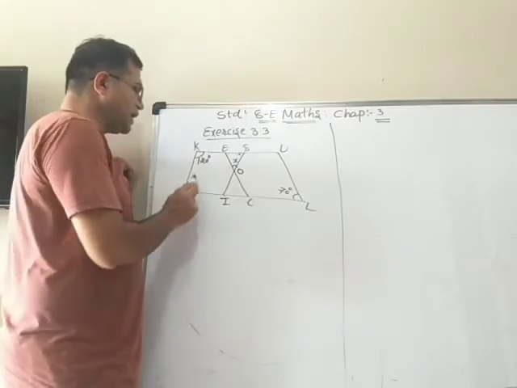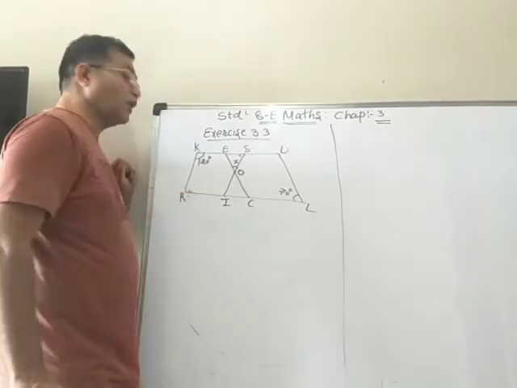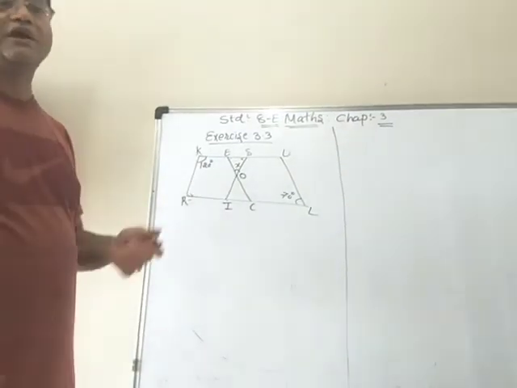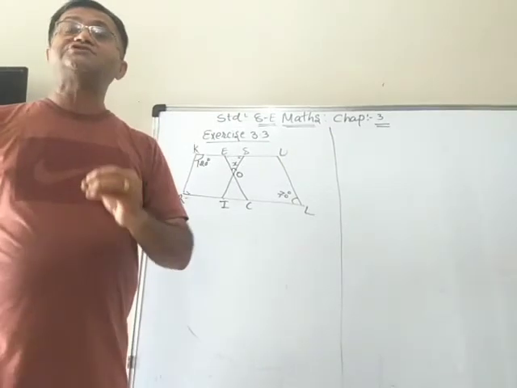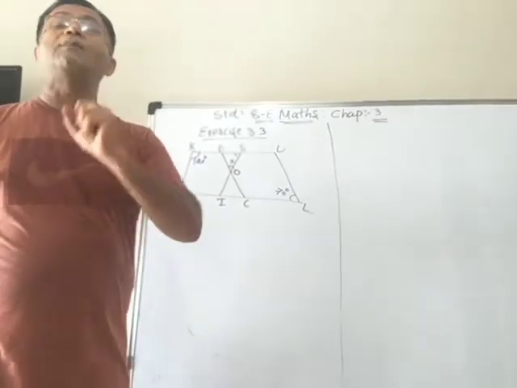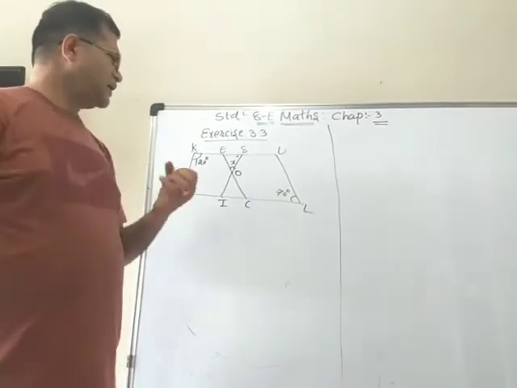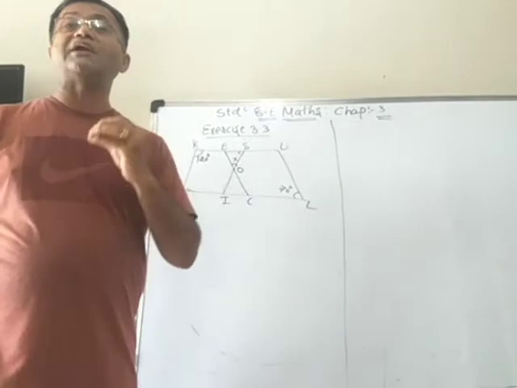Now can you have a relationship between the adjacent angles of a parallelogram? We learned already in the properties of the parallelogram that adjacent angles of a parallelogram are supplementary, means they are 180 degree.